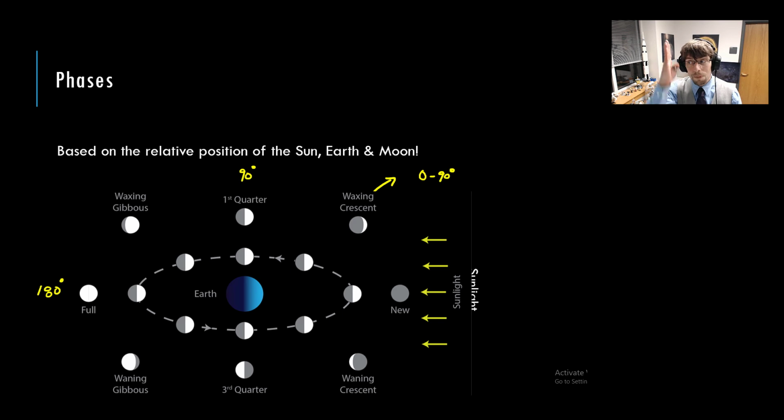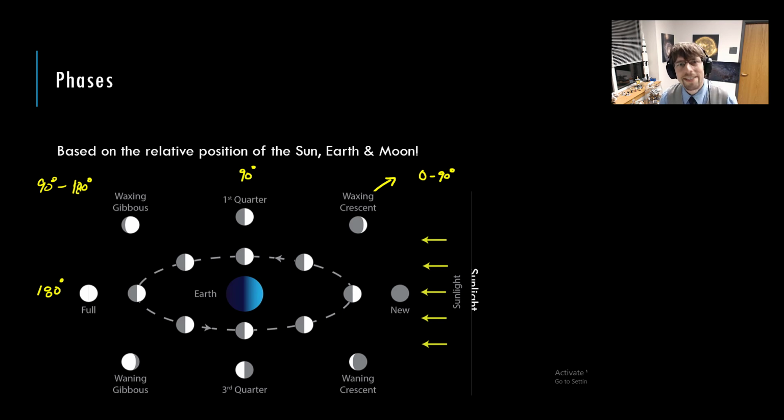First quarter is a specific instant in time, so you could think of this as being 1 day. Waxing gibbous, the angle is between 90 and 180, and again, this will be about 7 days or so. Full, it's a specific moment in time, so this is again a day.